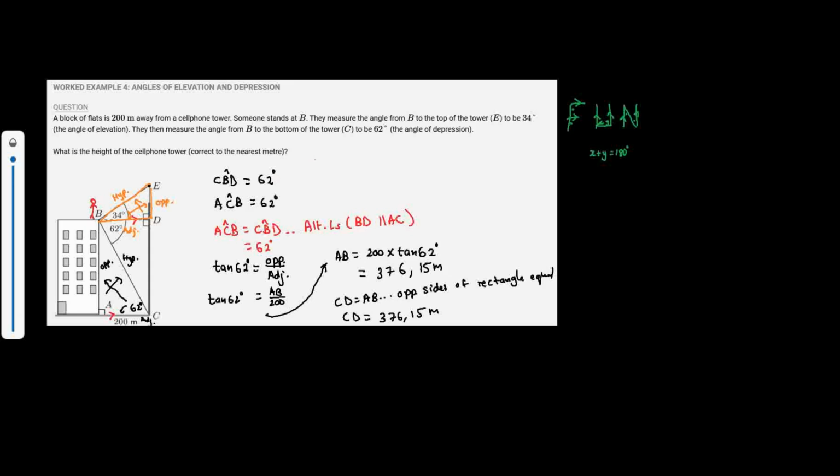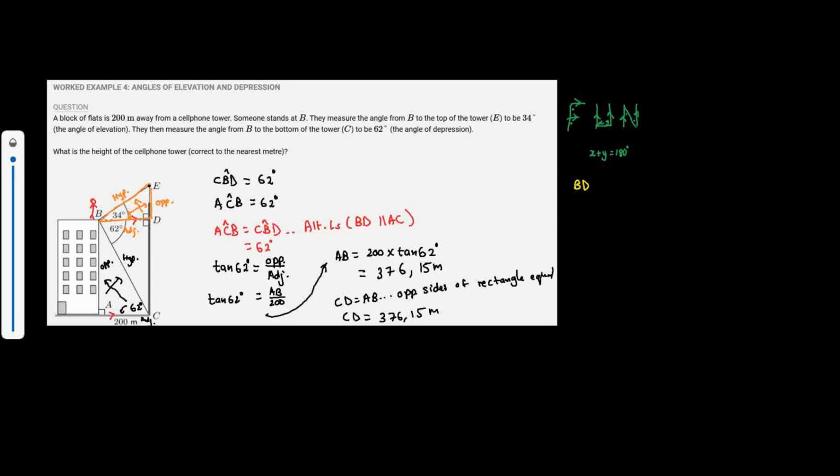By the way, do we know the length of BD? Yes. If this is a rectangle, we know that opposite sides of a rectangle are equal. So BD is the same length as AC. I always like to write down whatever information that we have.